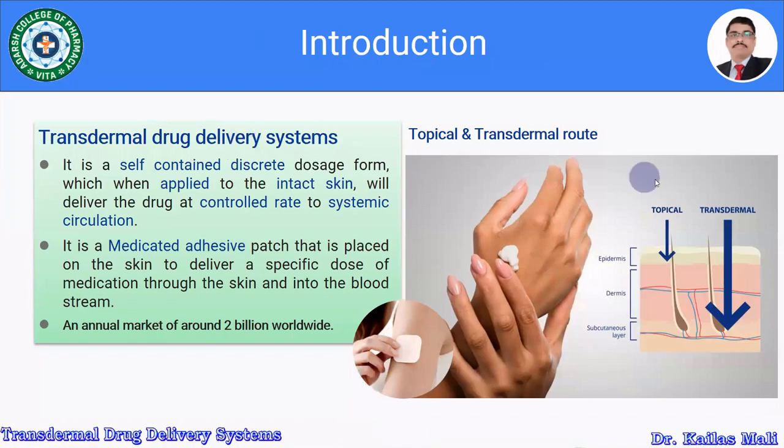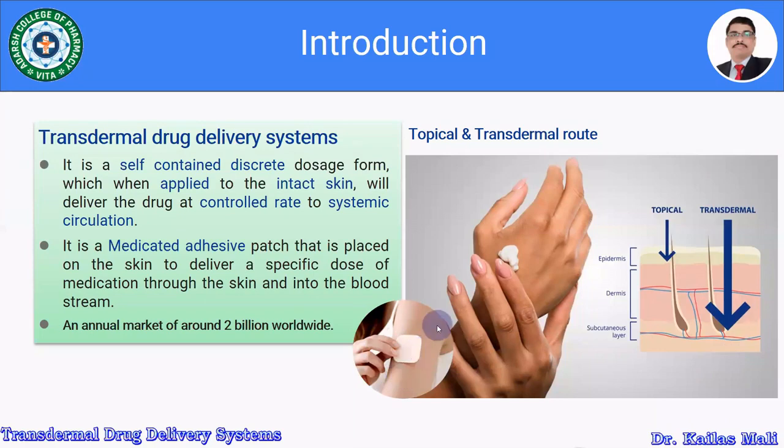Look at the figure. Here I have shown one very nice picture in which the topical formulation is applied, right? And yet another inset picture is there in which the transdermal formulation is applied onto the arm.